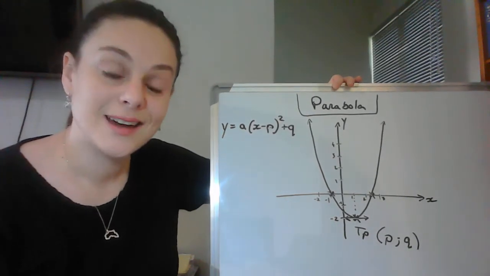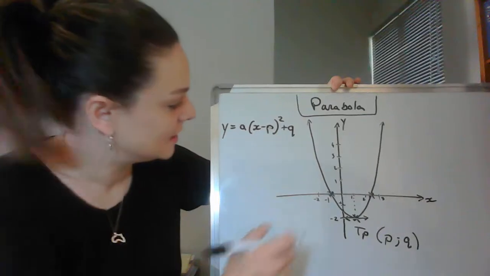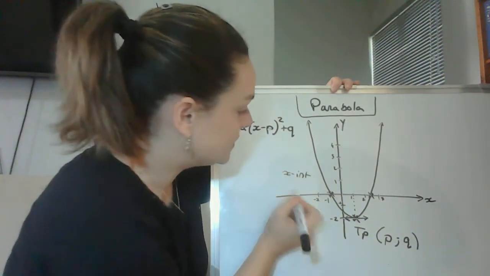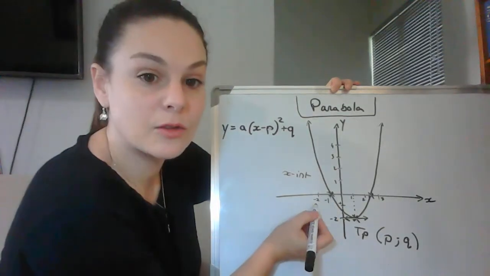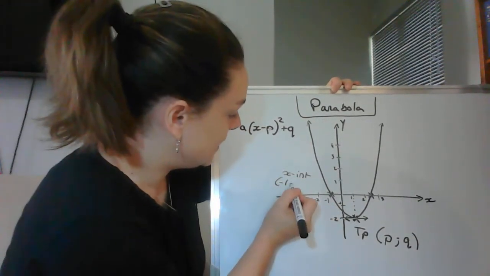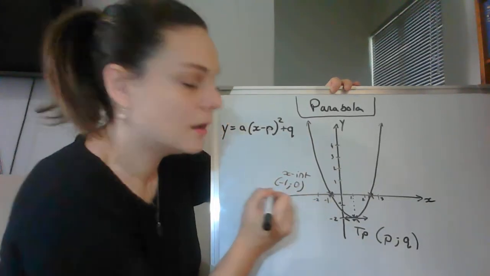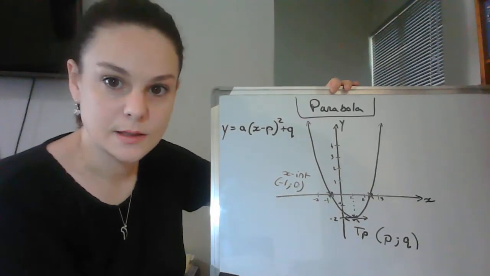Each point has a set of coordinates. For this one, the x-intercept on the left-hand side has an x of minus 1, and obviously a y of 0. For an x-intercept, the y is always 0.